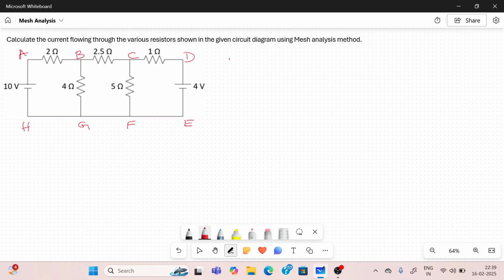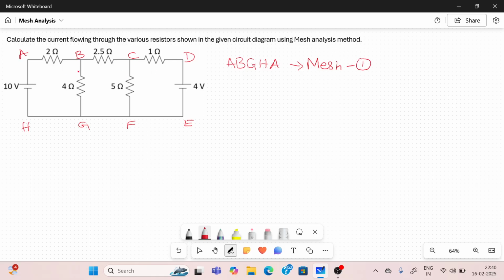I will name the meshes. The first one is A, B, G, H. I will name it mesh 1.